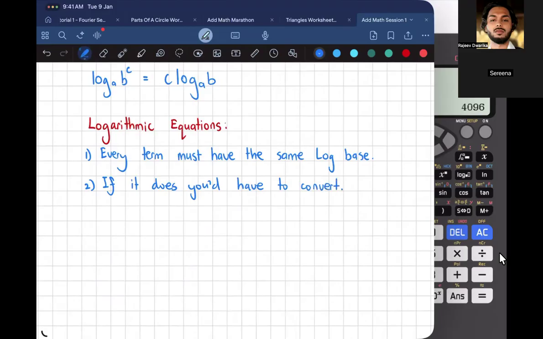And let me give you an example of what I'm talking about. So, Serena, imagine you had something like log base 3 of 9, plus log base 3 of 27, right?